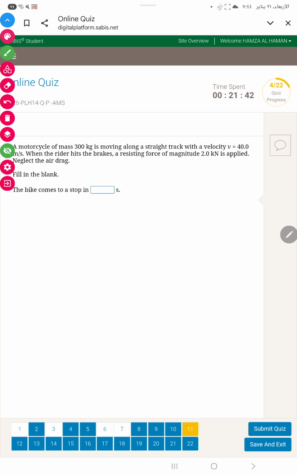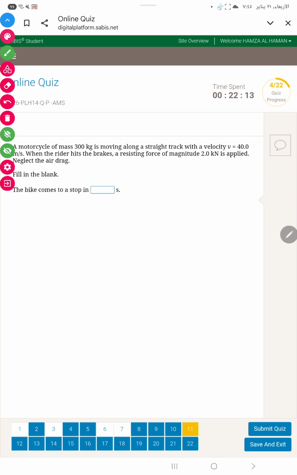When the rider hits the brakes, a resisting force of magnitude 2 kN is applied. Neglect air drag. The bike comes to a stop in what time?